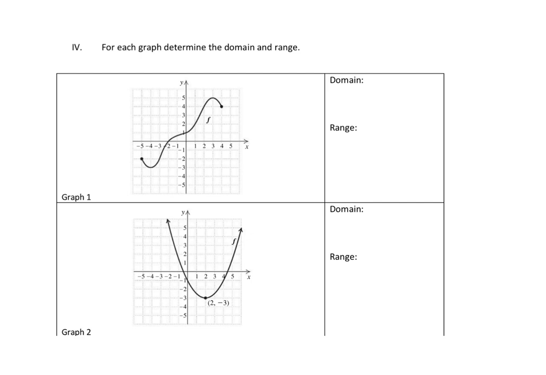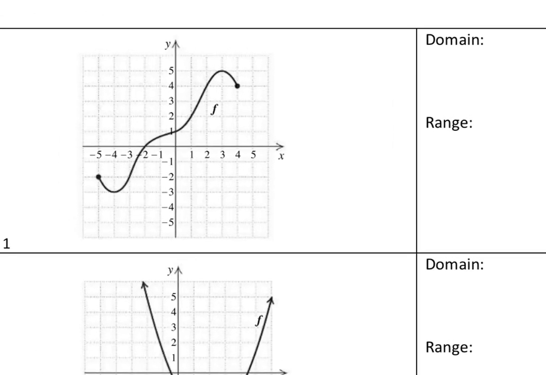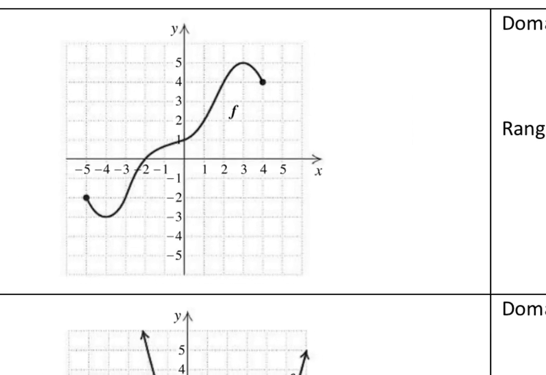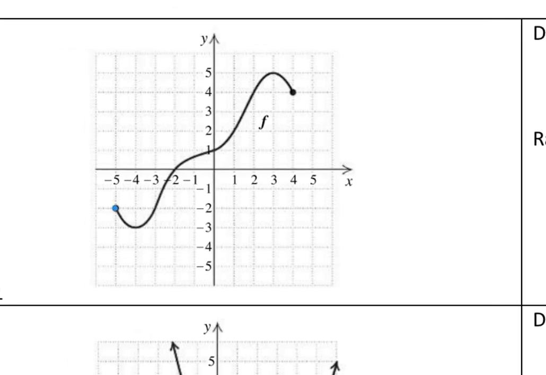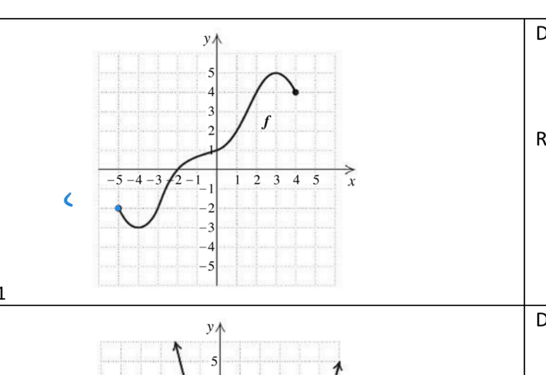So for instance, when we look at graph 1, we have a leftmost point here, and the coordinates of this point are -5, -2.